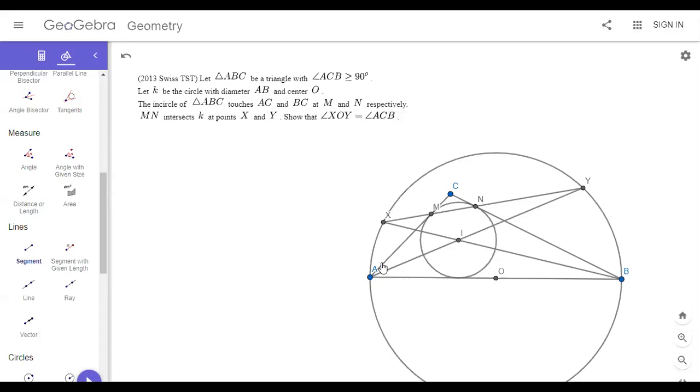I think it, let's see. Yes, the rest is just an angle chase.